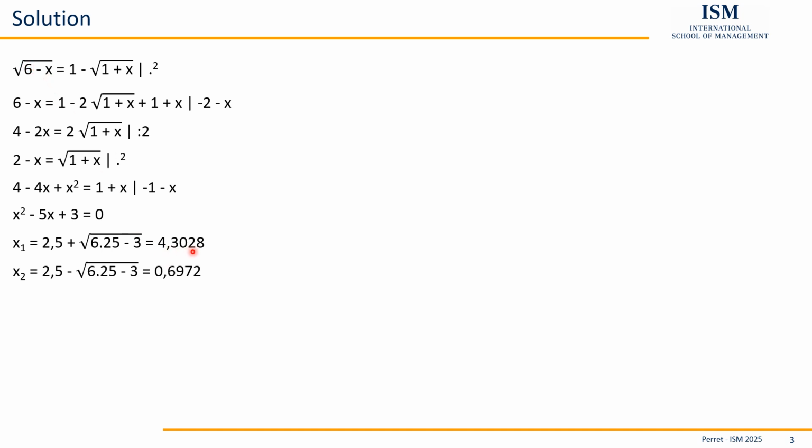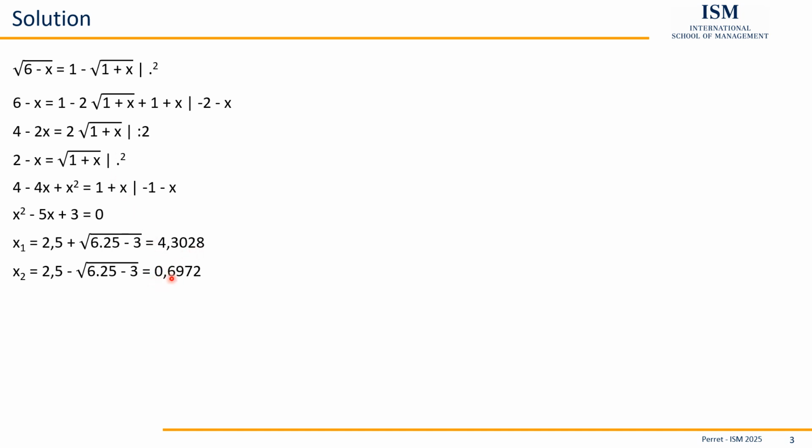If I insert the first value here, I will get something of roughly 1.7. It's positive, so I can insert this on the left. If I insert this here, I get something of roughly 5.3. Again, positive, so I can insert this here. So none of the two root expressions pose any problem for the first result.